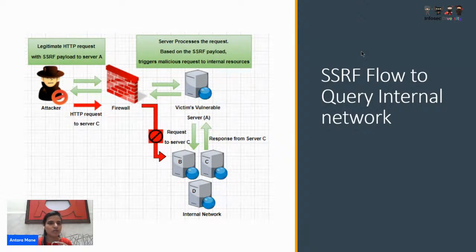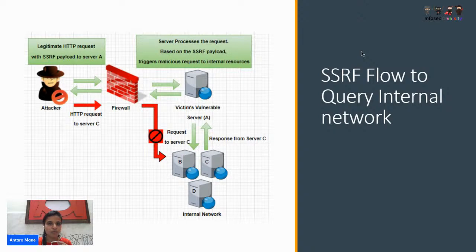This will be passed to server A. Because it is a legitimate request, the firewall will not look into the anomalies of it. So that request will be received by the vulnerable server A, which will process the request.